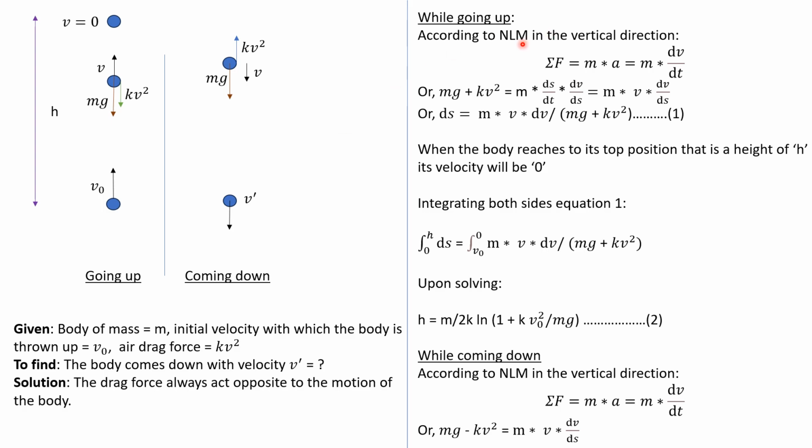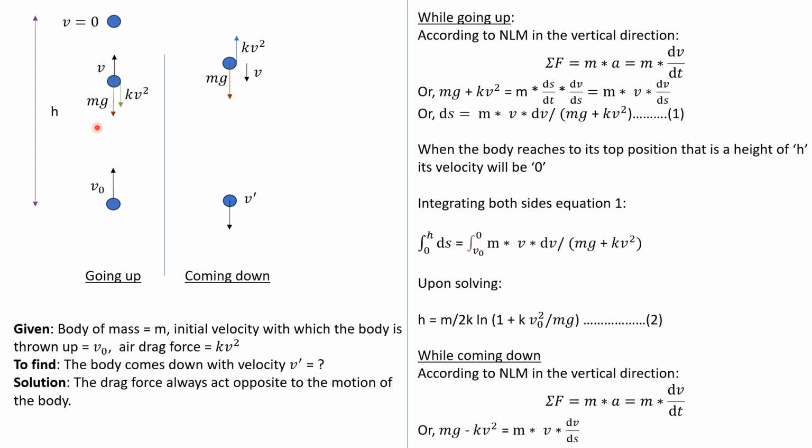According to Newton's law of motion in the vertical direction, let us take a position of the body while going up, and assume that at that location the velocity of the body was v. So mg will be the gravitational force by which gravity pulls it down, and the second force will be kv square, the drag force.